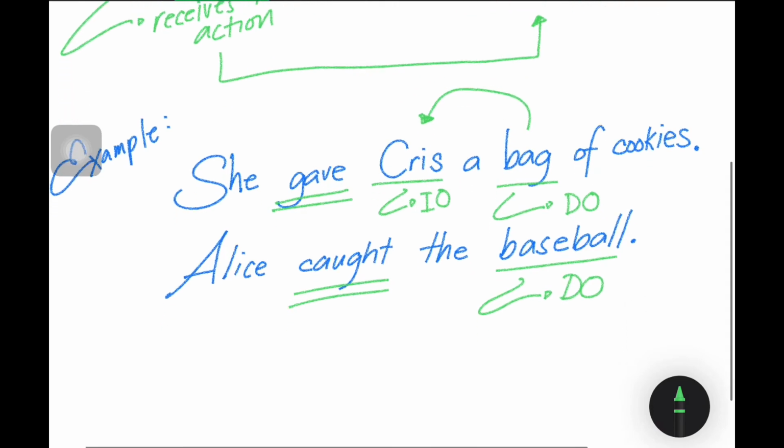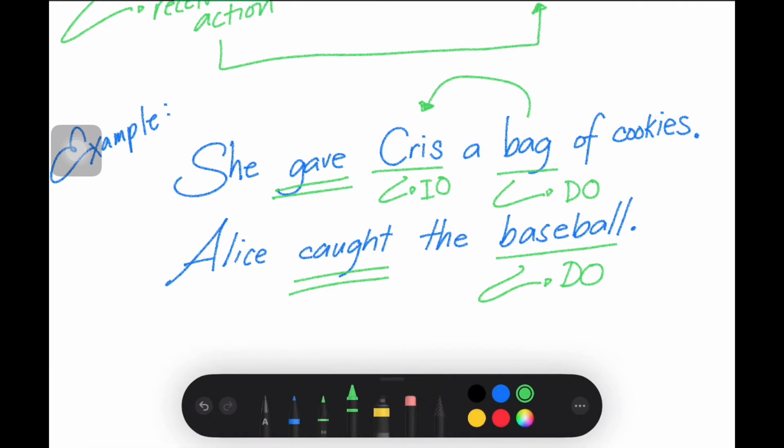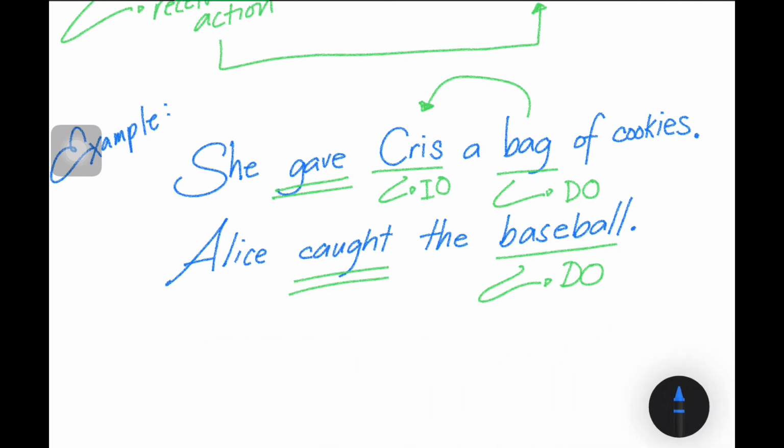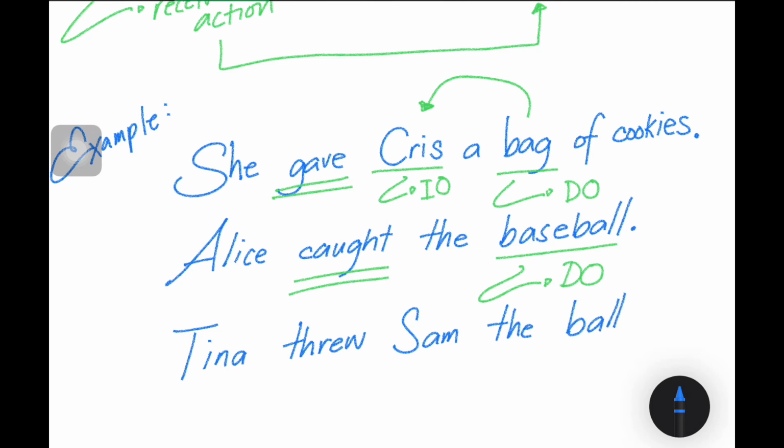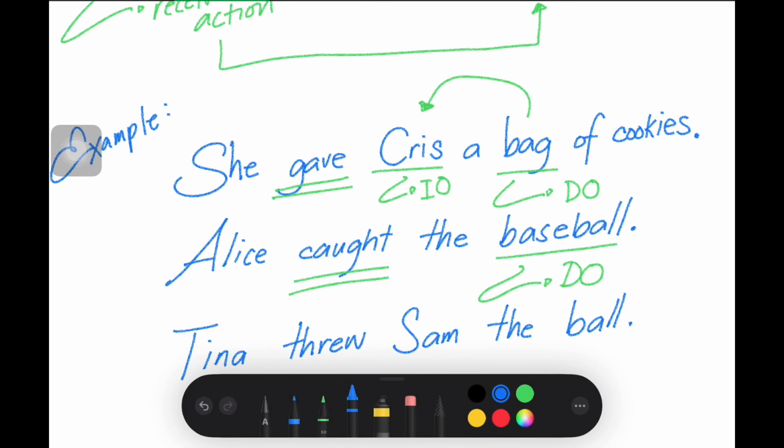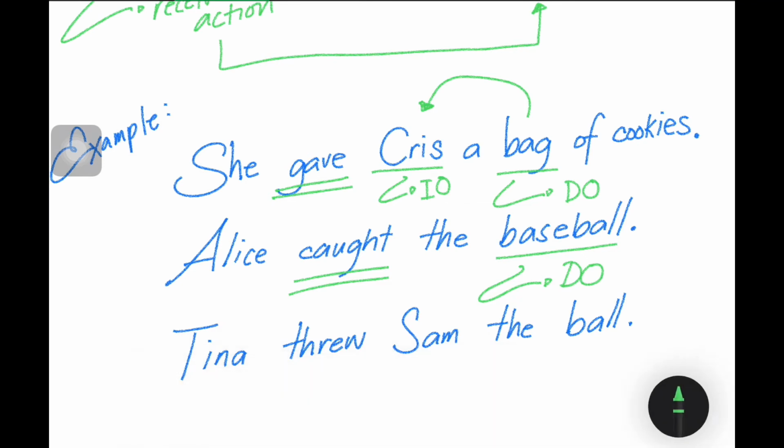Now for our third and last example, the sentence: Tina threw Sam the ball. In this sentence, our action verb is the word threw.